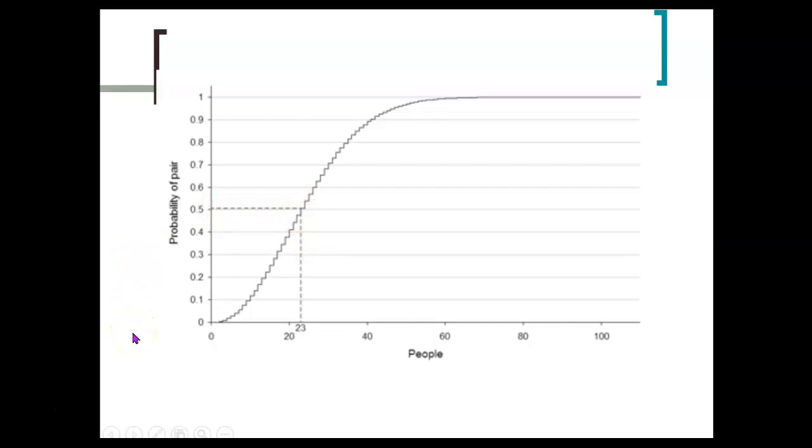If there are 23 people in the group, there's about a 50% chance of a pair of two people who have the same birthday as each other. Once you get more than 23 people, it's more likely than not. Once you get up to about 50 or 60 people, it becomes almost a sure thing. With a group of 60 people, it's almost for sure that somebody in that group shares a birthday with somebody else.